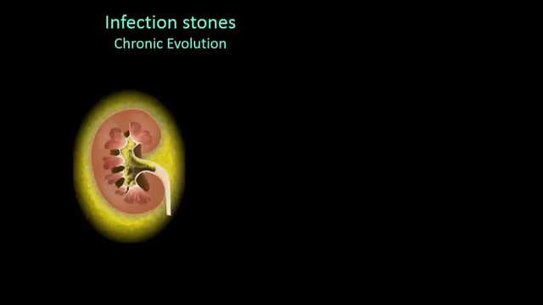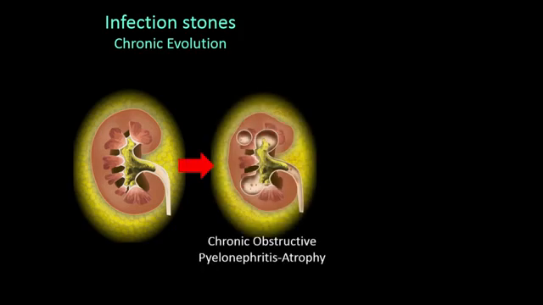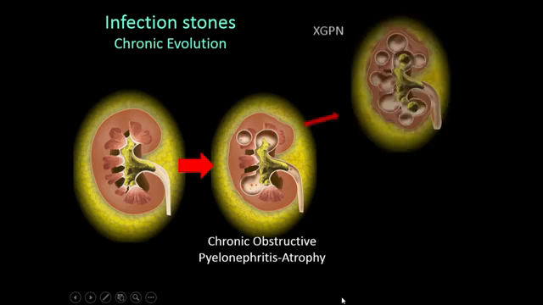But what happens long term if these stones are not removed? These can cause changes of obstructive pyelo, where you start seeing atrophy, ballooning of the intrarenal collecting system, and significant parenchymal loss.